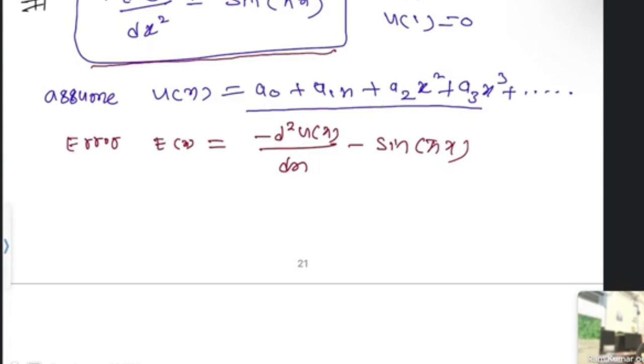So in FEM, we assume some function, say u follows this polynomial. But when we assume something we get some error e, maybe 10%, 20%, whatever percent. So I define e as the error function.